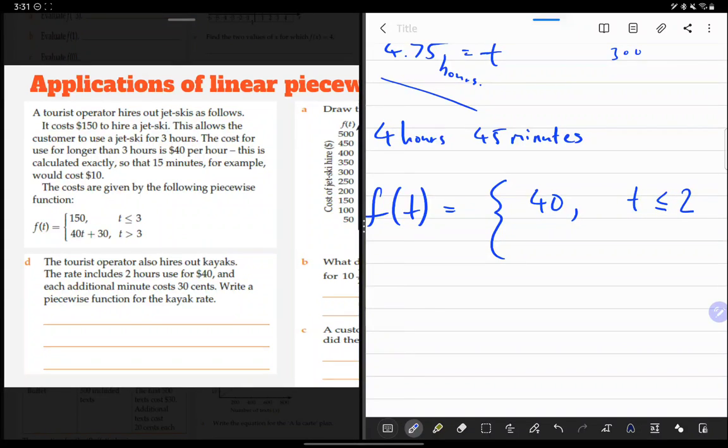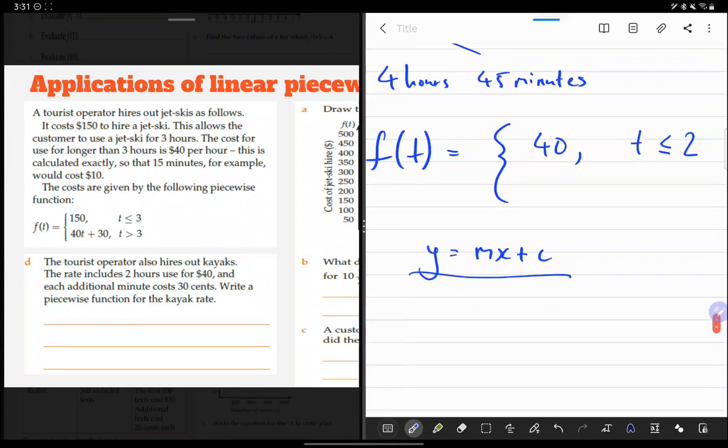Now to make that, of course, we know how to make our linear equations. It's something like that, and we're just putting in the right numbers. I know x should be t at this point, but because we learned it as this, I want to bring out that format. What is the gradient? How much are we paying per time? It's 30 cents per minute.